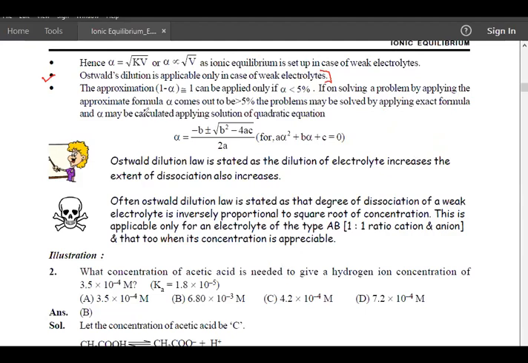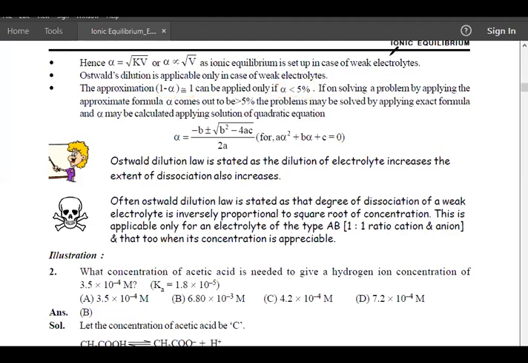Got it? 1 minus alpha is almost equal to 1 only when alpha is 5%, which means alpha should be less than 0.05. Tell me yes or no, right?